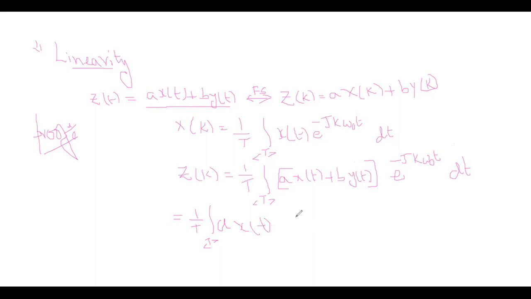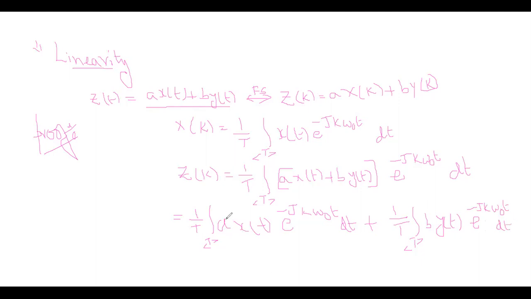For the first function also there is a multiplication factor of e power minus jk omega naught t dt, plus the other integral, 1 by T integral b into, not x of t, it is y of t, sorry, y of t. Use the small letters only for the signals, x of t, y of t, and for the coefficients z of k, x of k, you can use the capital letters, my students. Y of t e power minus jk omega naught t dt.